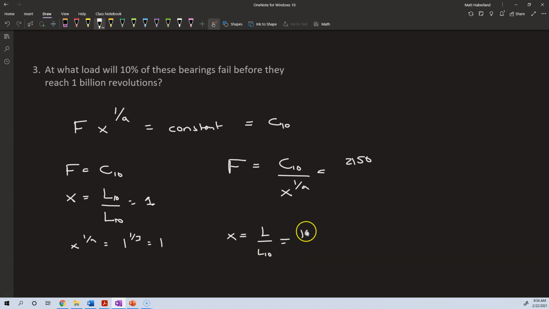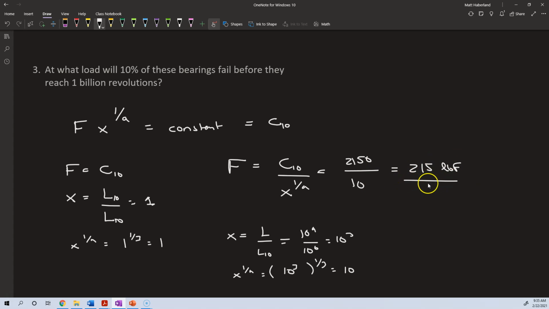We're talking about 10 to the 9th over 10 to the 6th, which is 10 to the 3rd. We're taking that to the 1 over a, the 1/3 power, and that's just going to be 10. And so we have this divided by 10, and that is 215 pounds force. So at a load of 215 pounds force, 10% of the bearings will fail before reaching 1 billion revolutions.